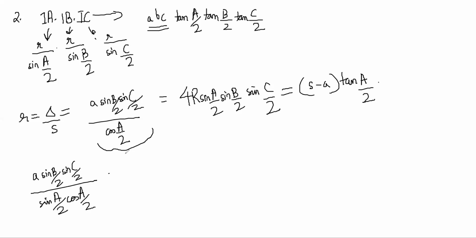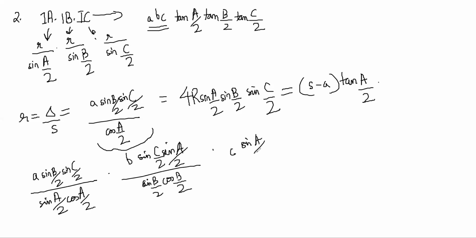And the other angles will be B sine C by 2 sine A by 2 by sine B by 2 cos B by 2, yeah, right? And C sine A by 2 sine B by 2 by sine C by 2 cos C by 2, right? Okay.